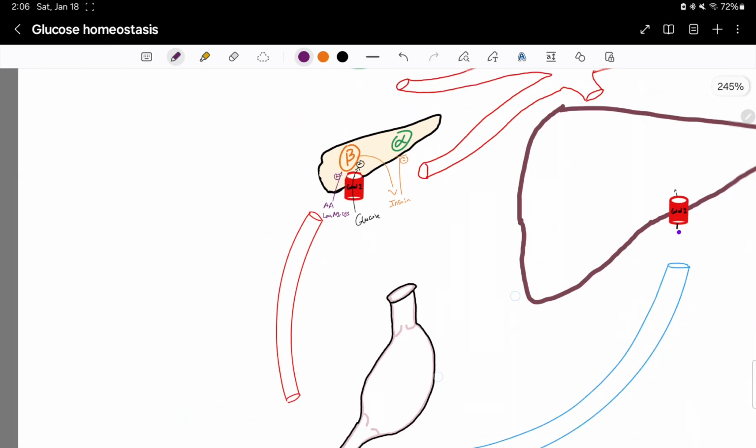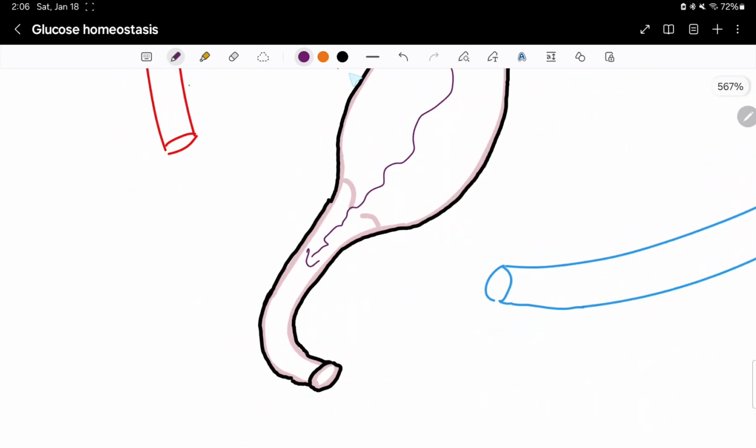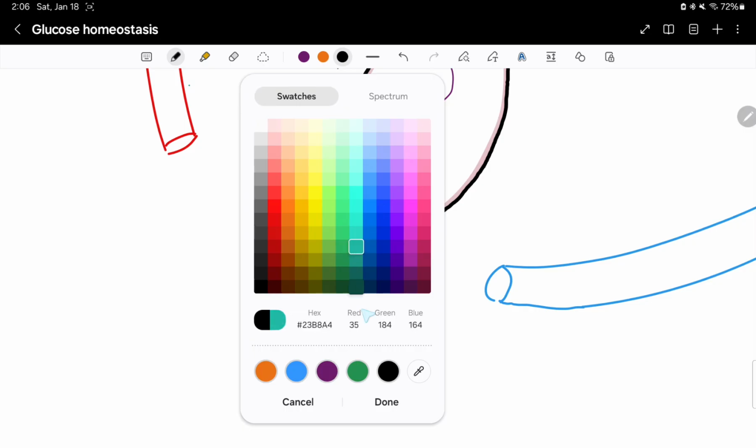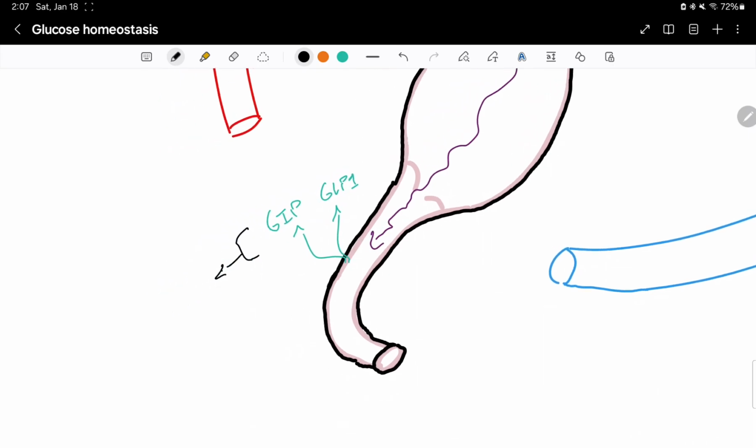Another thing, while you eat, your food is going through the stomach, and once it reaches the small intestine, you have those special cells there. Remember the K cells and the L cells that we talked about? Those guys are going to be important as well. They were actually secreting hormones like GLP-1 and hormones like GIP. And if you think back to the digestive video where we talked about these two, we mentioned that these guys are incretins.